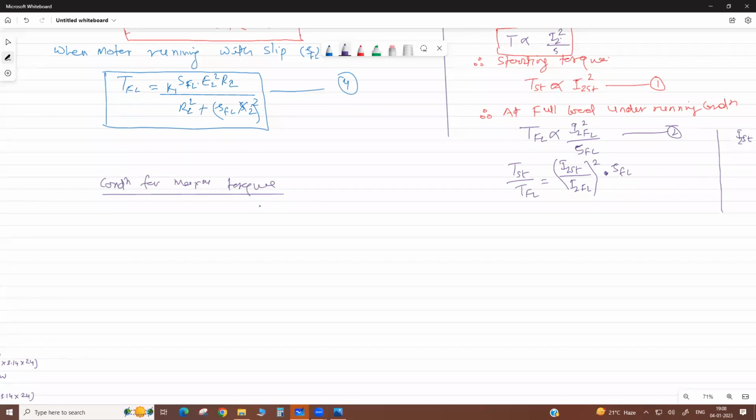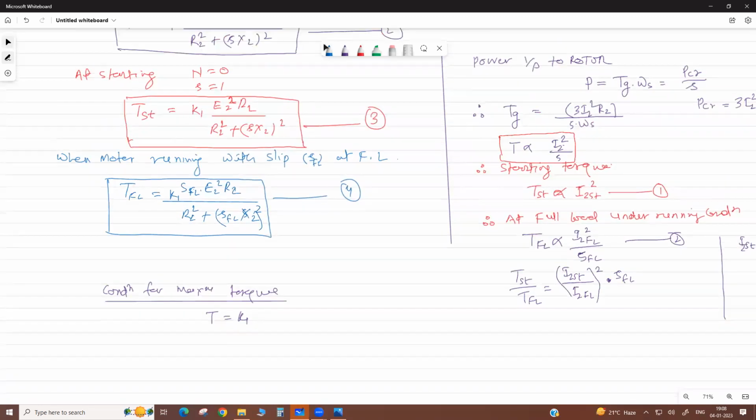Actually the general torque equation is K1 times... Here K1 is a proportionality constant. Its value is 3 by omega s, or 3 by 2 pi ns, because synchronous speed is also constant.